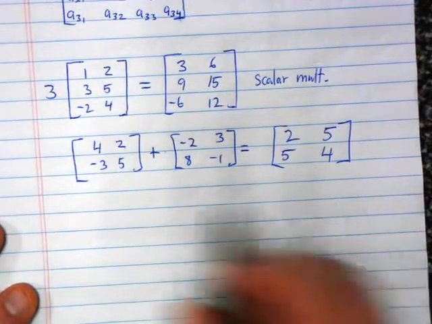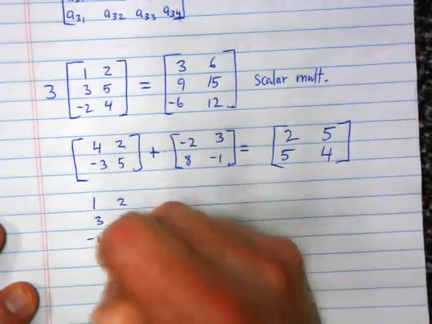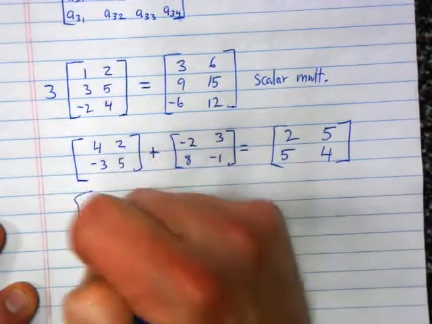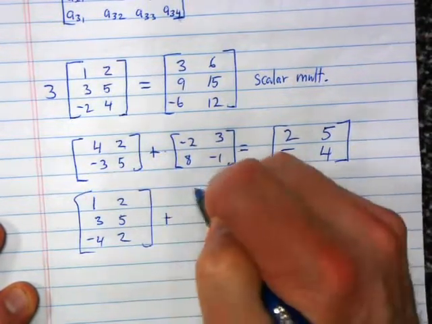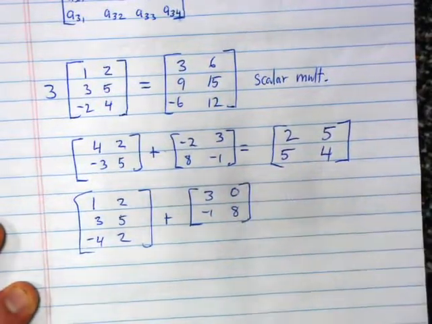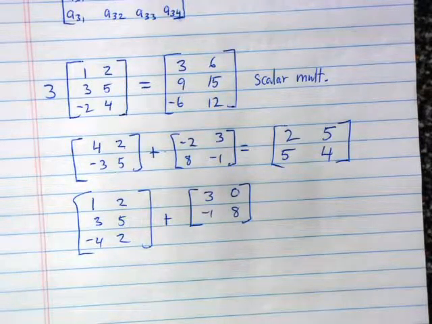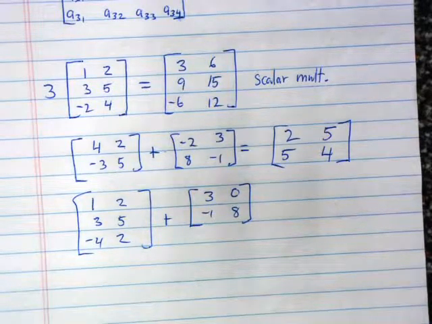What if I asked you to take the matrix 1, 2, 3, 5, negative 2, 4, negative 4, and 2, and add it to the matrix 3, 0, negative 1, 8? What would you tell me the answer is?